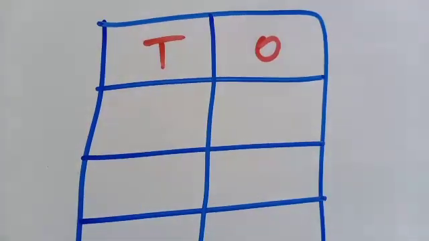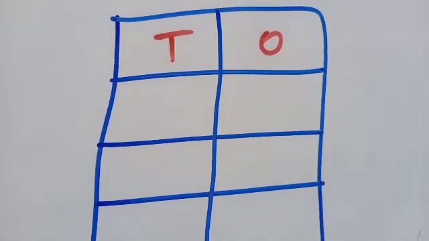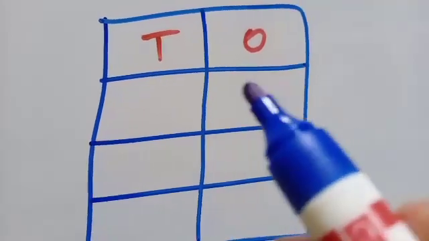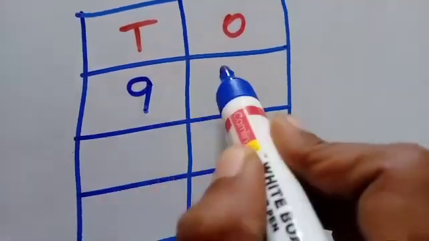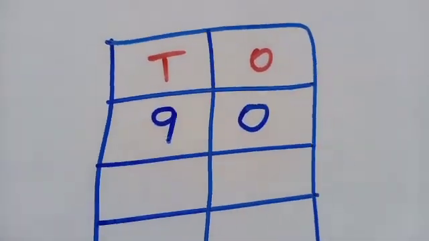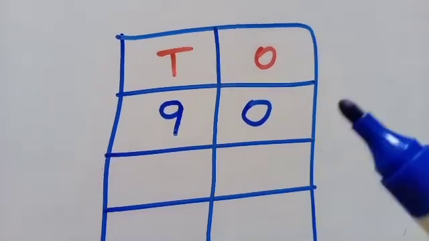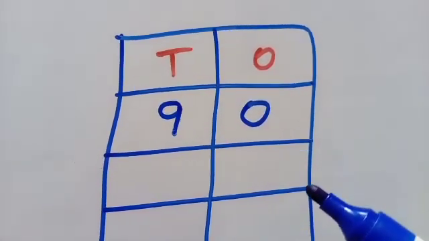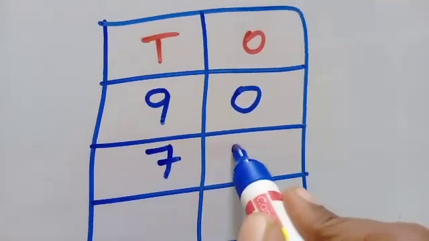So here we have to find out how many runs he needs to make 90 runs. So what do we have to write here first? We have to write 90 runs, that is 90, and how many runs had he already made, children? That is 72.